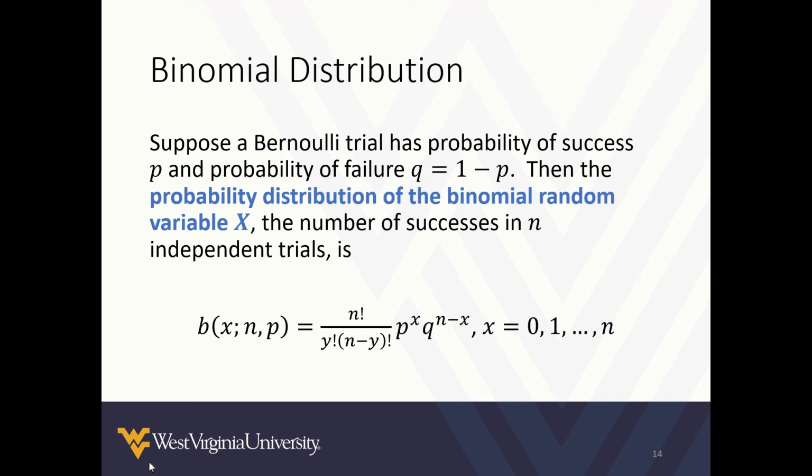Then the probability distribution of the binomial random variable x, the number of successes in n independent trials, is the binomial distribution, which is equivalent to n factorial all over x factorial multiplied by, in parentheses, n minus x factorial, multiplied by p to the x multiplied by q to the n minus x, where x is equal to 0, 1, all the way to n.